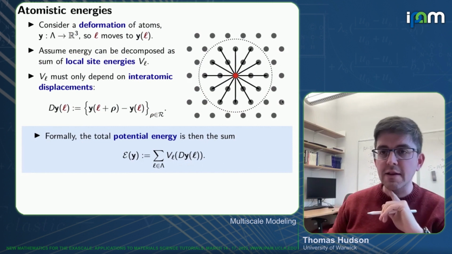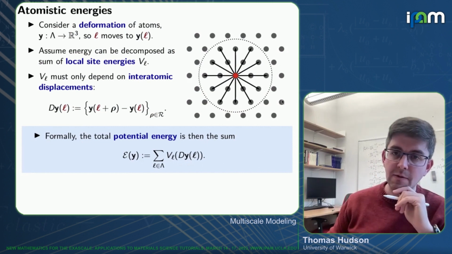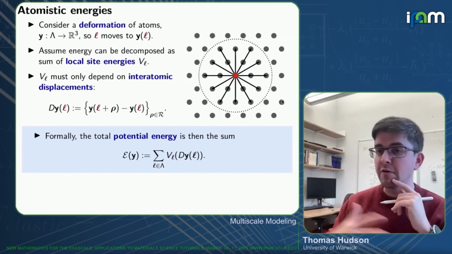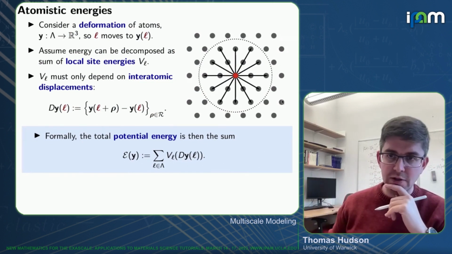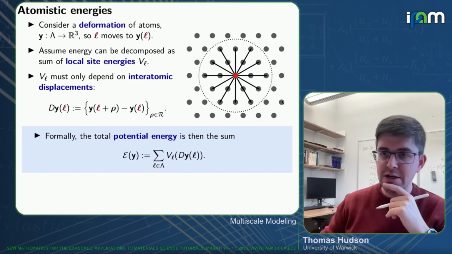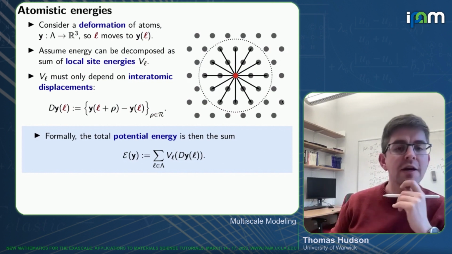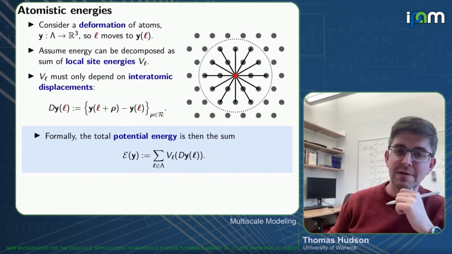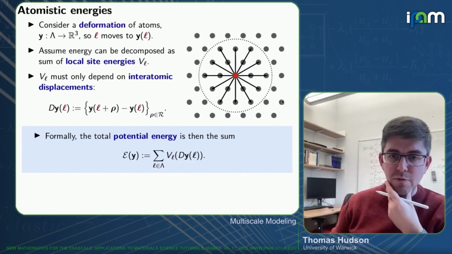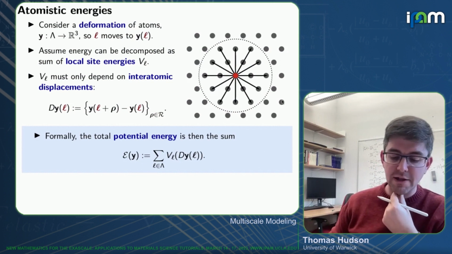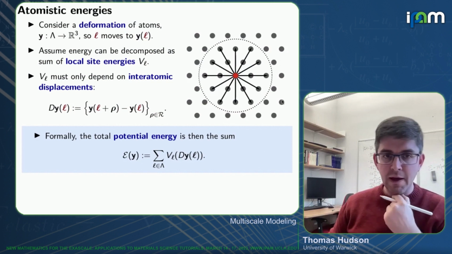And so if I want to get the total energy of the crystal, then I should sum up the site energies over all the positions in the crystal. And okay, I might need to normalize this to make sure that I don't double count. But formally, this is how I can represent the total potential energy in my material based on an arbitrary motion of my atoms under the map y.